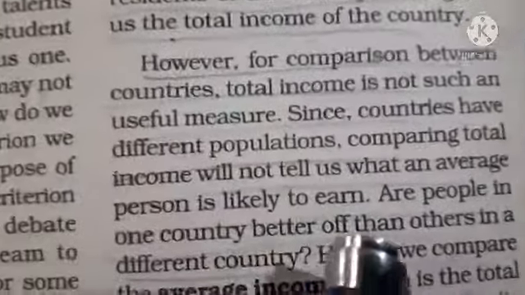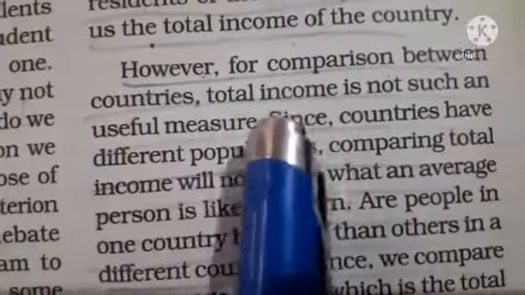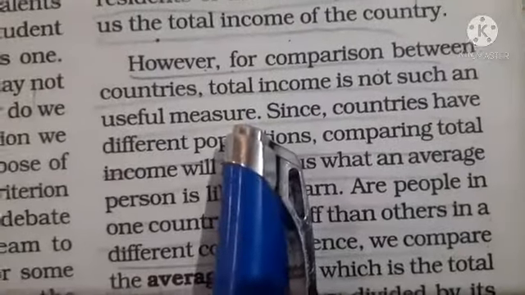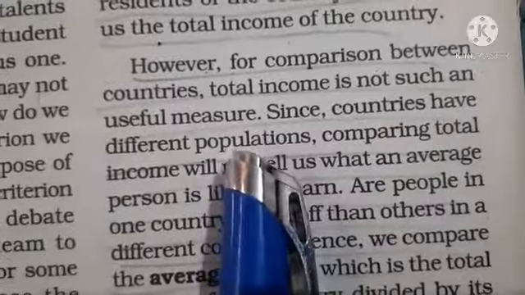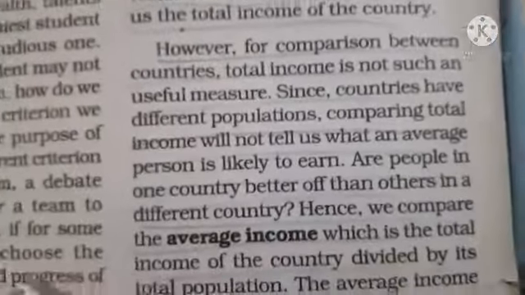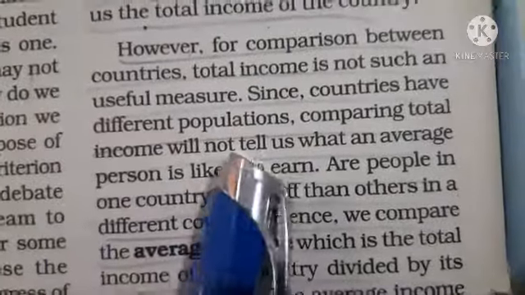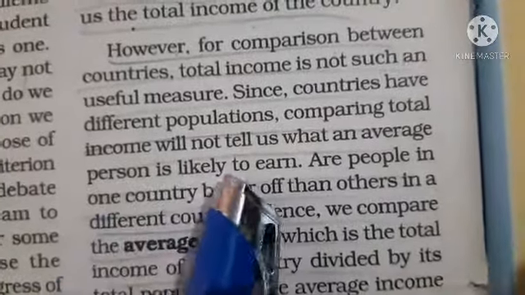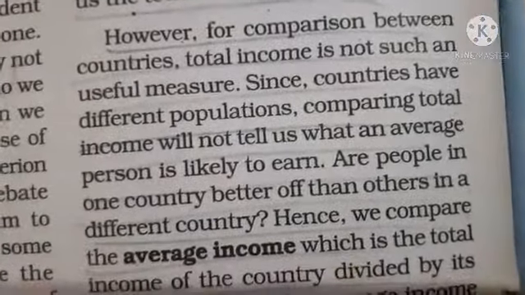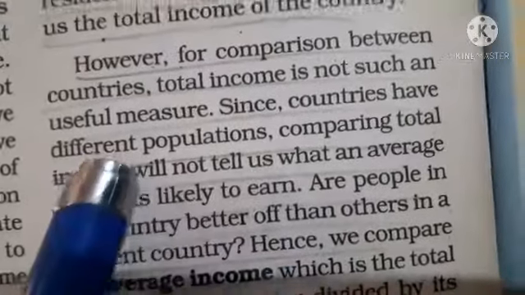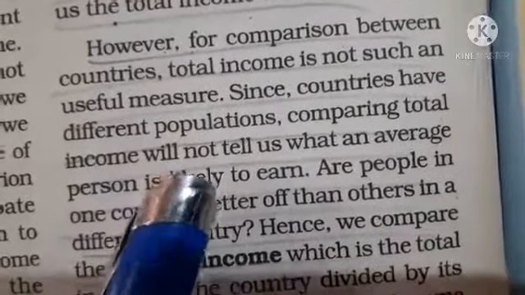However, the comparison between countries' total income is not such a useful measure, since countries have different populations. Comparing total income will not tell us what an average person is likely to earn. If we take the total income of a country, that will not give us the exact data. Why?